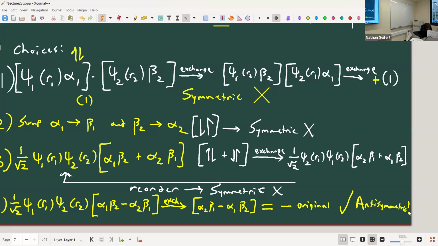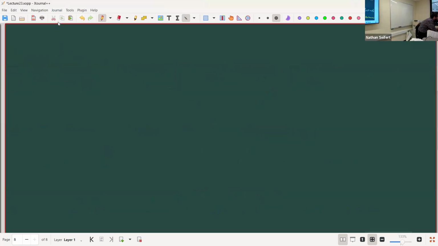So in fact, what we should get instead is a wave function that's psi1 r1, psi2 r2 minus psi1 r2, psi2 r1. Right? We want to have this antisymmetry property of this negative sign. We have to have this negative. So we have two possible representations.